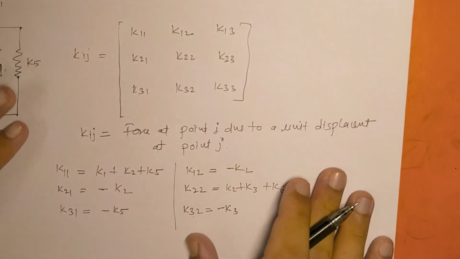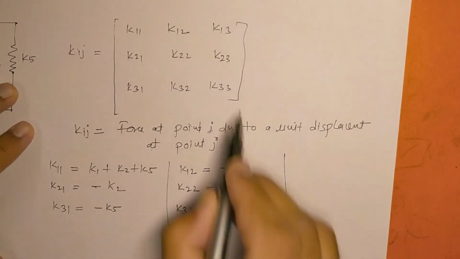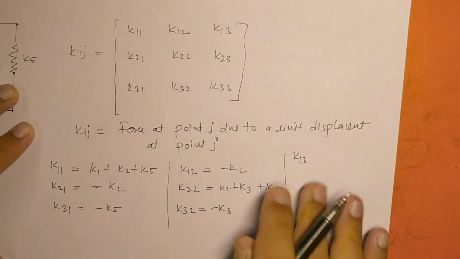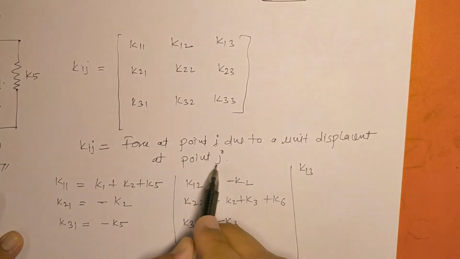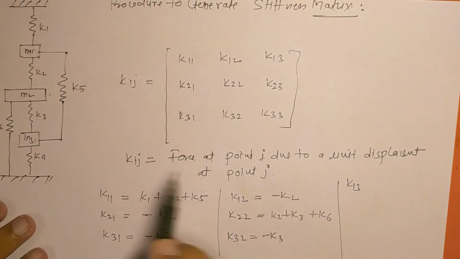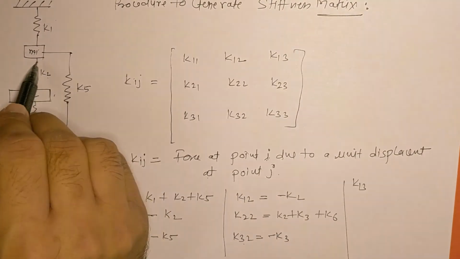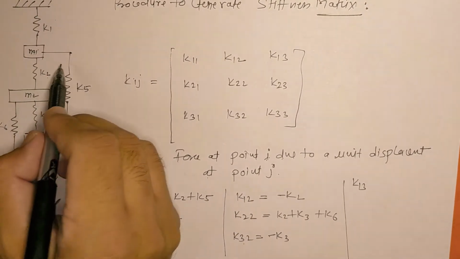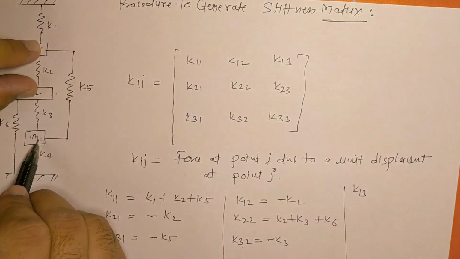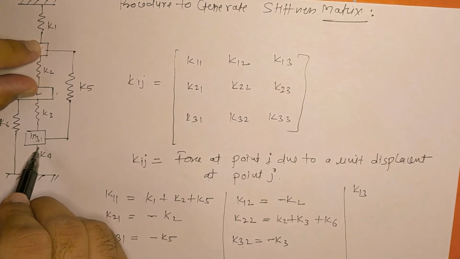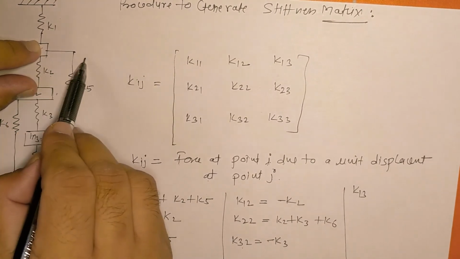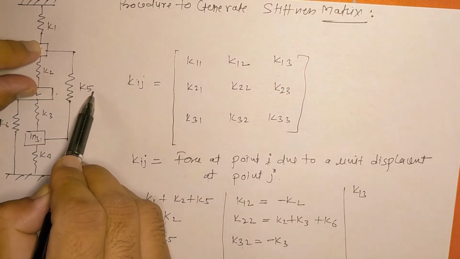Similarly, K13 means force at point 1 due to unit displacement at 3. Points 1 and 3 are connected with the help of K5 only. If the others are fixed and this is displaced by unit displacement, this will exert a force on 1 in this direction, which is K5 multiplied by 1.